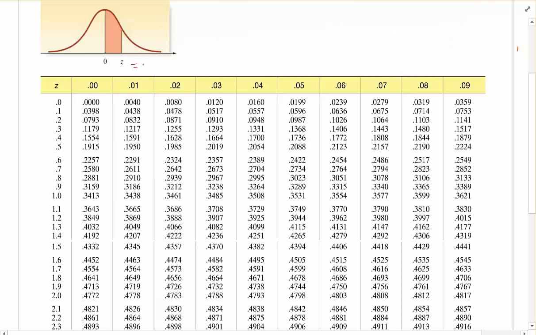So my z-value is 1.71. That would be in row 1.7 and column 0.01. So again, this area from the center out is 0.4564. The area I want is 0.5, subtract 0.4564, and that will give me 0.0436.